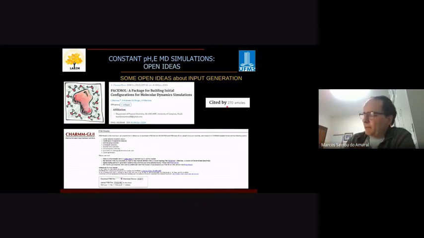Some years ago, you needed to build a system with different alcohols. Suppose that I want to simulate a mixture of ethanol and methanol. A good way to do that is using PackMol, and it can prepare your system.